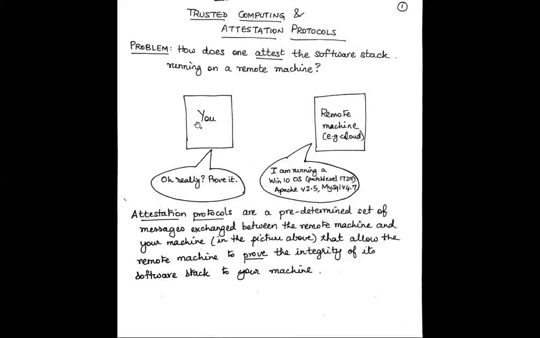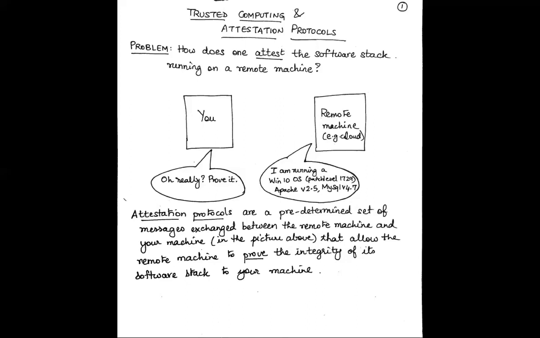Now you're sitting at your end, you're the client of, let's say, this remote machine. And when the remote machine makes this claim, you want to be able to verify this claim, right? Because perhaps you're paying for the service that this remote machine is offering, and you want to make sure that you're getting what you paid for.